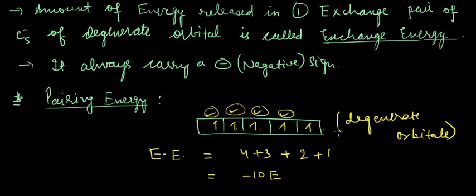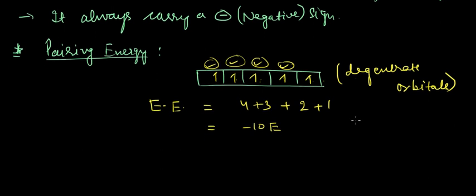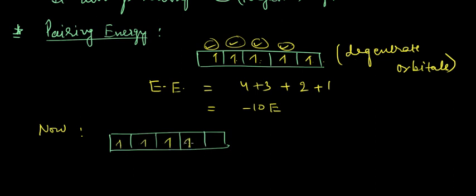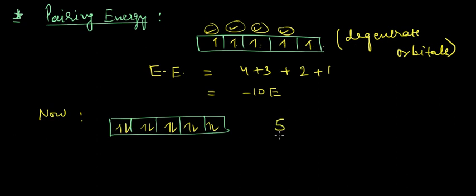Now if we look at this d orbital which has 10 electrons, the first 5 would be filled with parallel spin, and the next 5 would be filled in all the degenerate orbitals. Here the total number of pairs is 5.